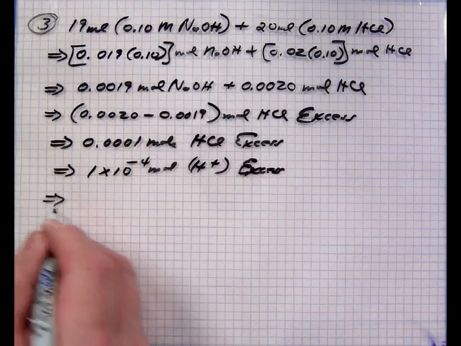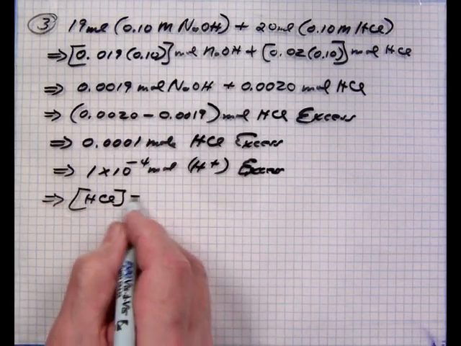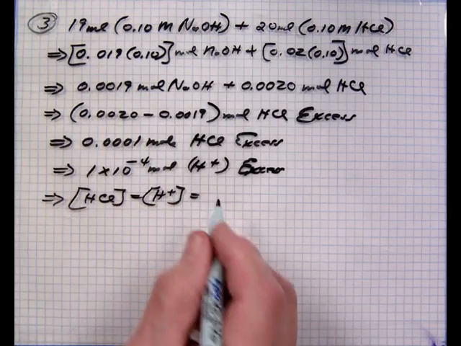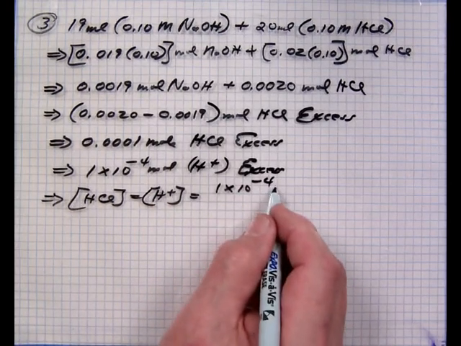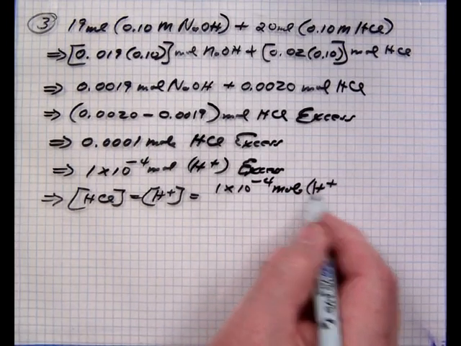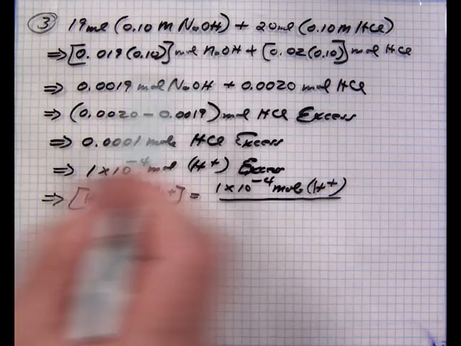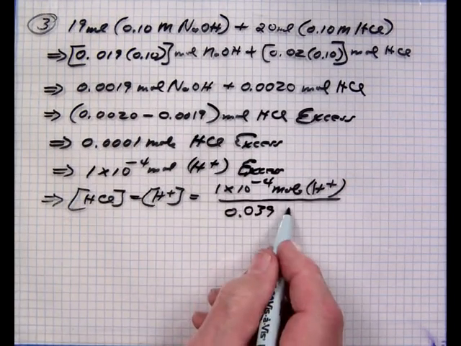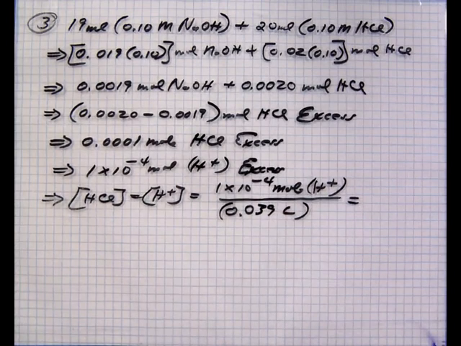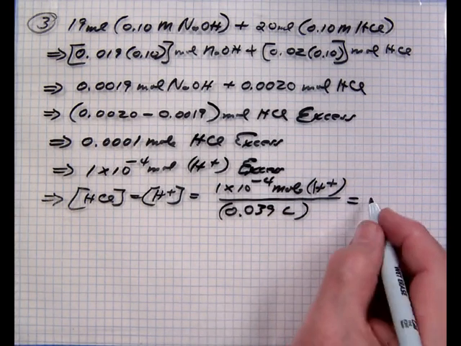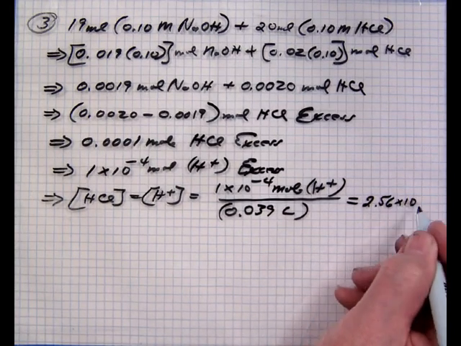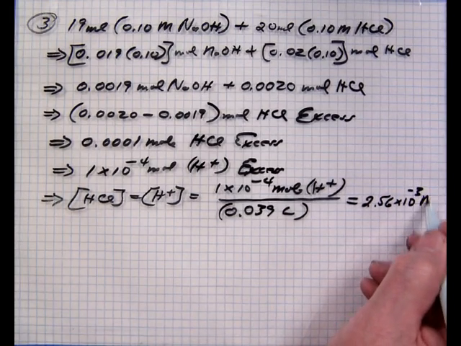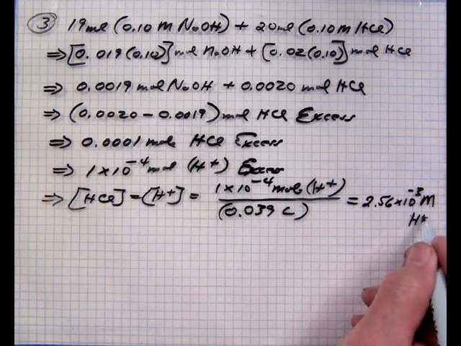Right there. So now converting this to molarity, we find 1 times 10 to the minus 4 mole of hydronium ions in 20 plus 19, 39 milliliters converted to liters will give us 2.56 times 10 to the minus 3 molar in hydronium ions now.